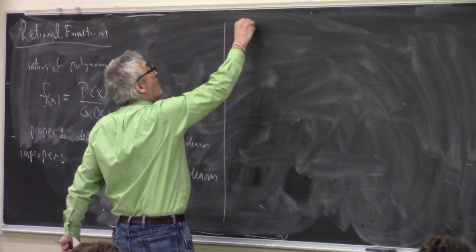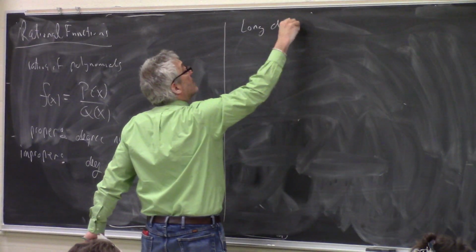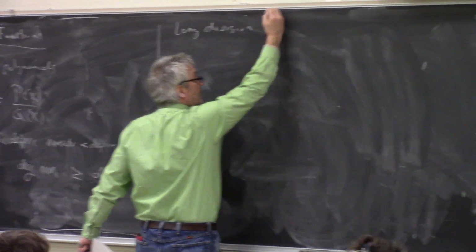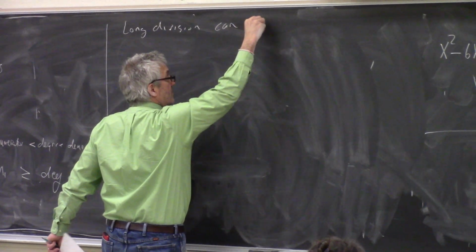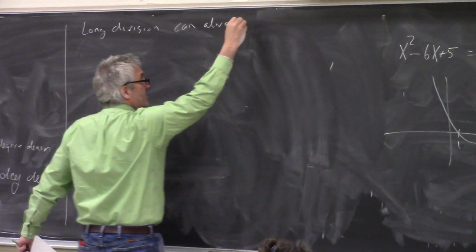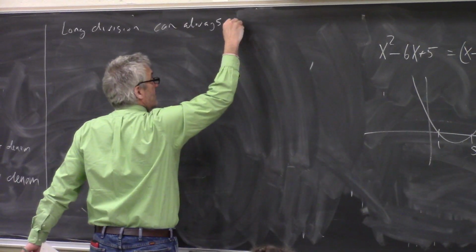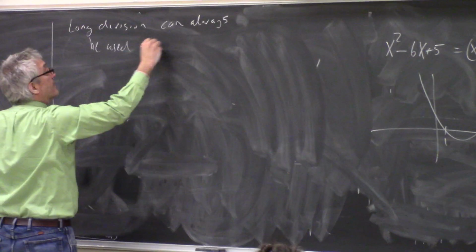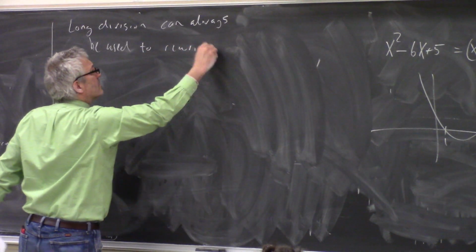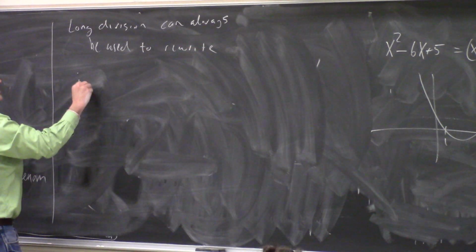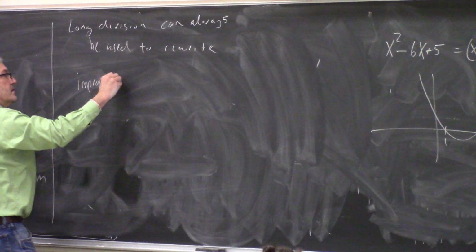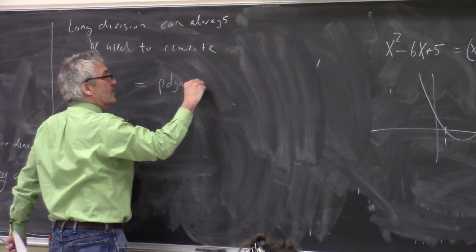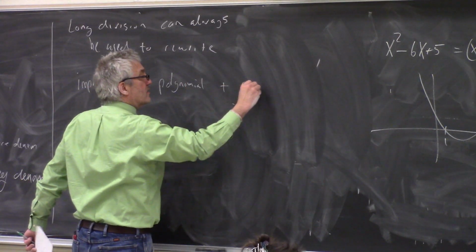So the thing is, long division can always be used to rewrite an improper one as a polynomial plus a proper one.